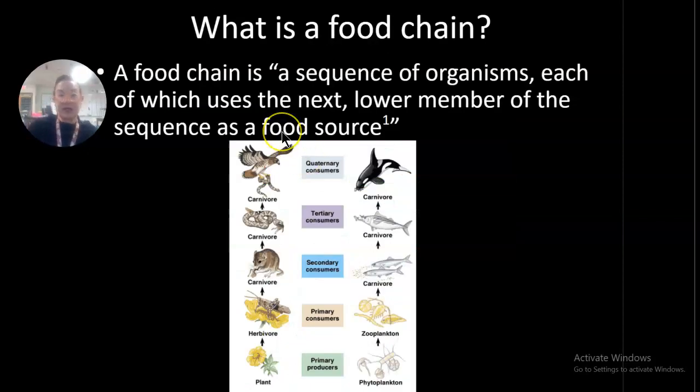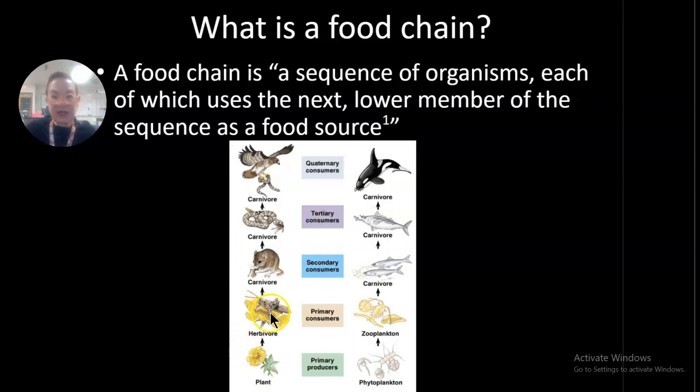Okay, so a food chain is a sequence of organisms, each of which uses the next lower member of the sequence as a food source. So if I look at the bottom here, I have primary producers, and they produce their own food because they do photosynthesis.